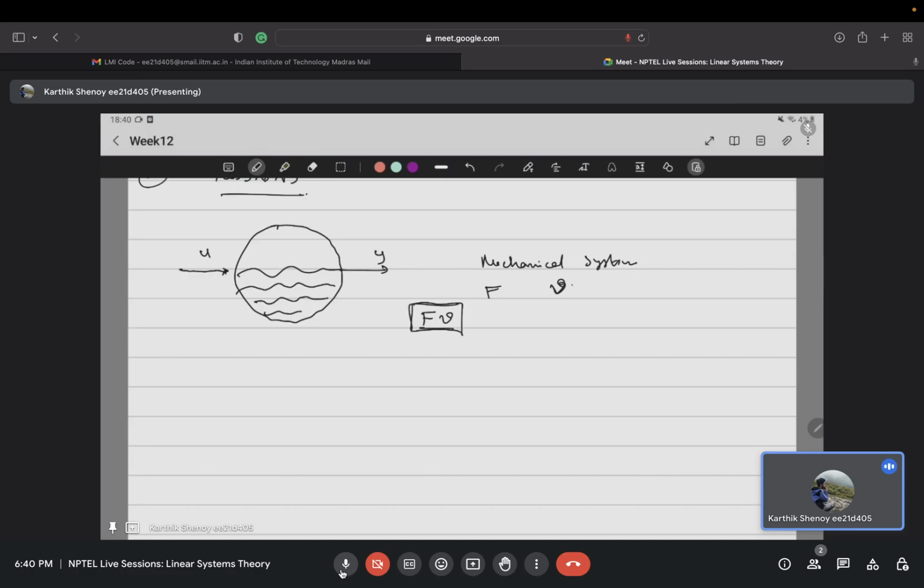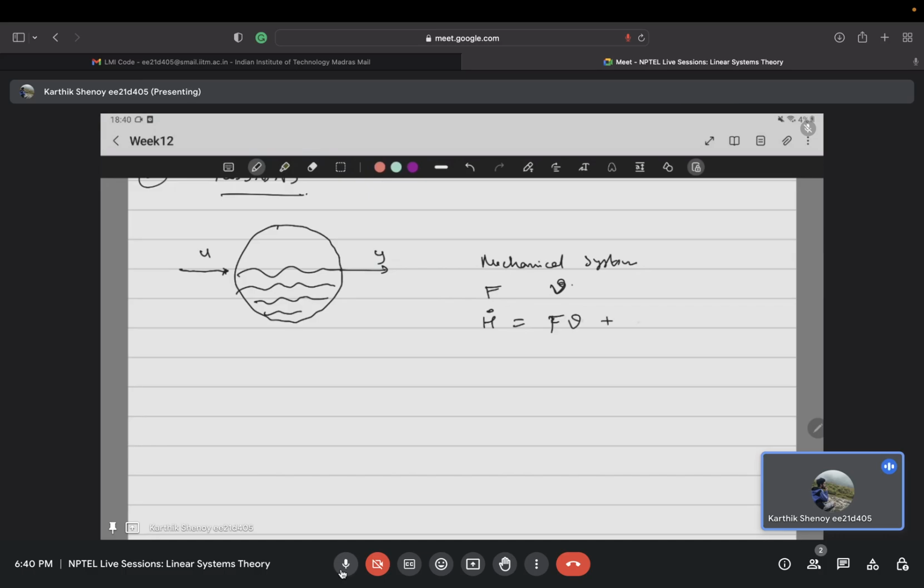So input power is equal to the change in storage plus the dissipated, correct. So instead of writing it this way, I am writing the change in storage is equal to the supplied power plus the losses, okay.